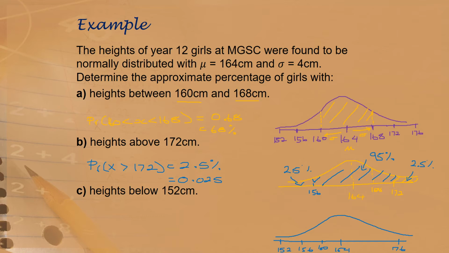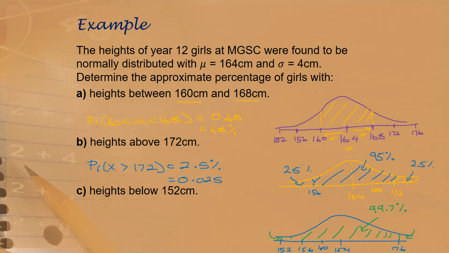And we also know that within 3 standard deviations, I've got 99.7% of the data. That means these little extra bits on either side are going to have to add up to 0.3.